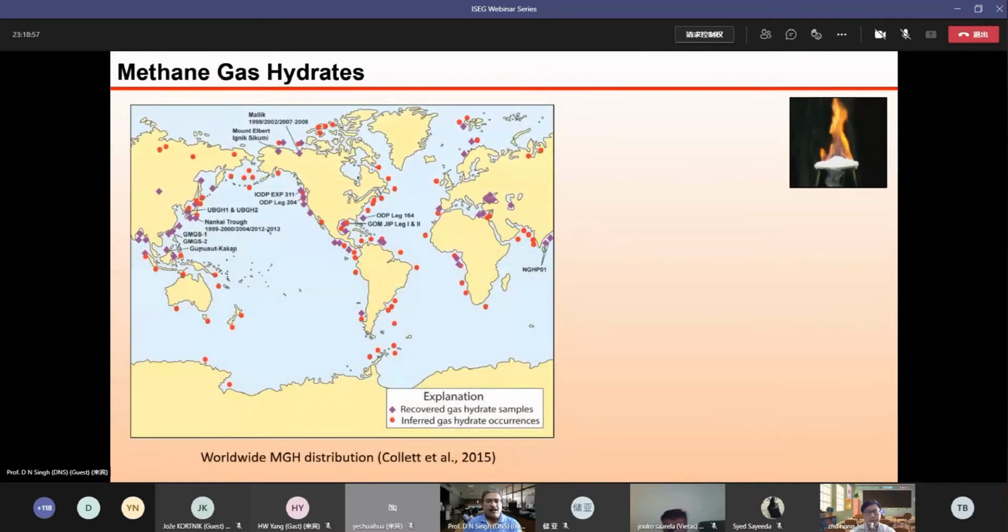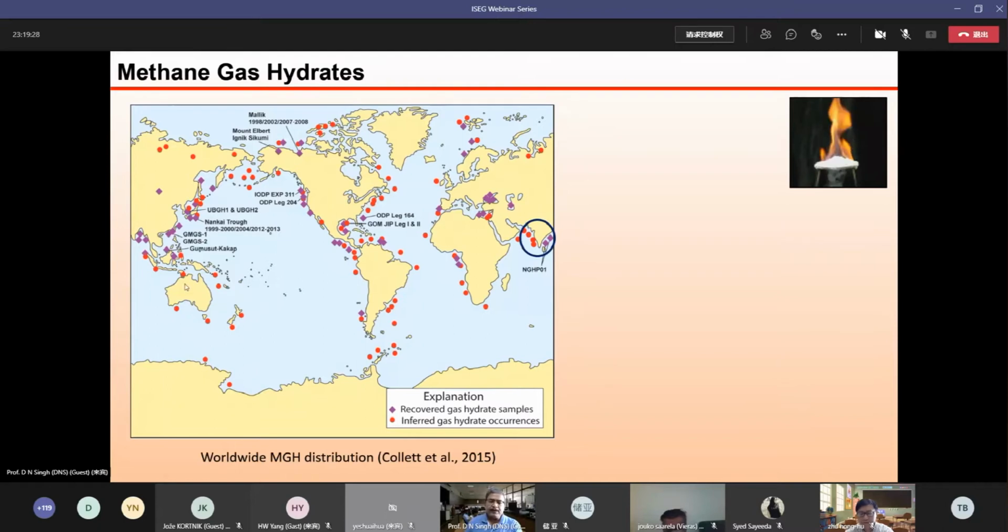If you look at the world map, which is given by Collett et al. 2015, you will find that gas hydrates of methane type are available in several parts of the world. And that's the reason that the research has been focused in the recent past in harnessing the energy from them and to understand the geotechnical issues related to methane gas hydrates bearing sediments.